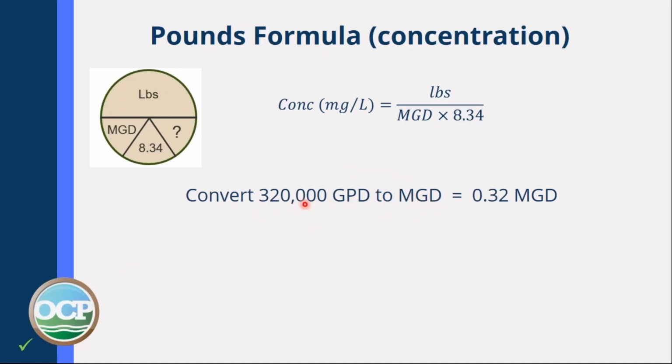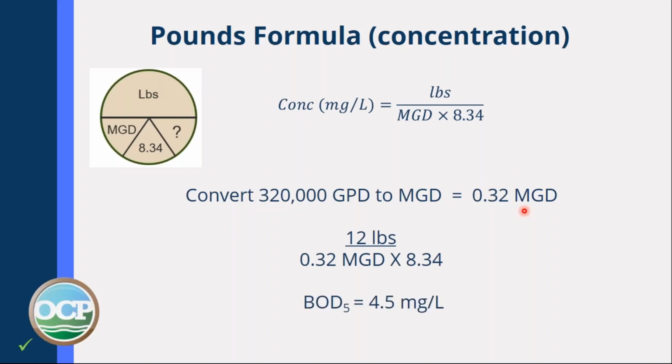And you either divide this by a million or you move the decimal point 6 places. So here it starts 1, 2, 3, 4, 5, 6, which is where we get the 0.32 million gallons per day from. So we put those numbers in, and there we get our answer of 4.5 milligrams per liter.